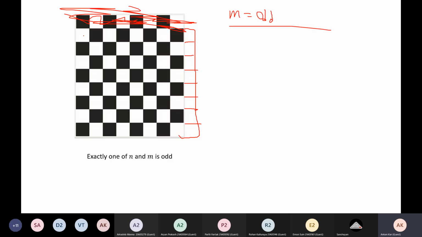You have to put vertical dominoes like that in the same region as before. You can shift the dominoes, and after shifting you put vertical dominoes like that, and what you are left with now is the same question as before. You're understanding why, right? n and m are both even now.